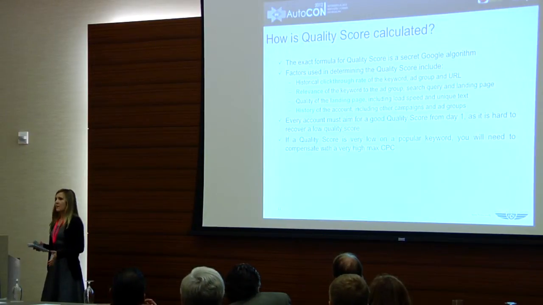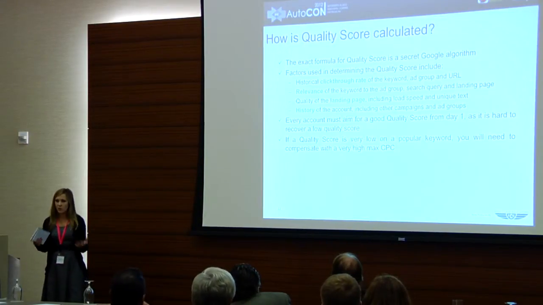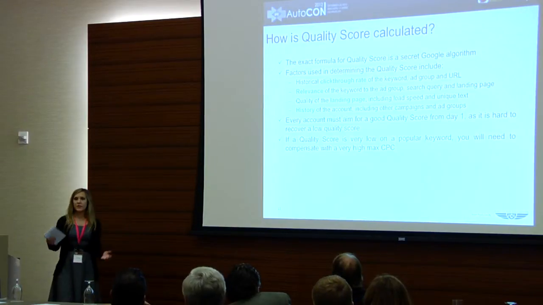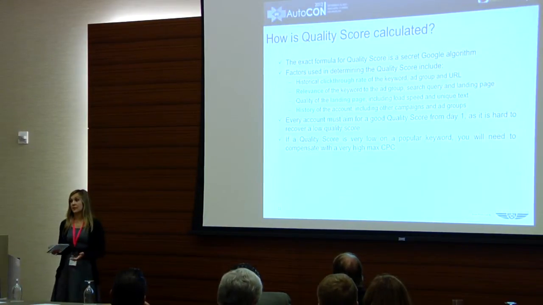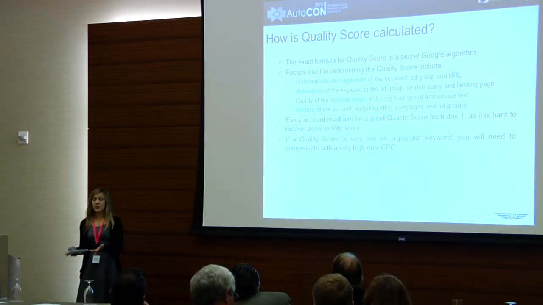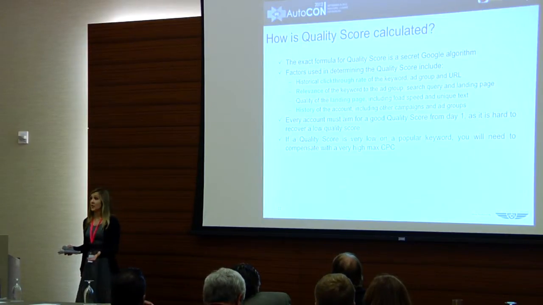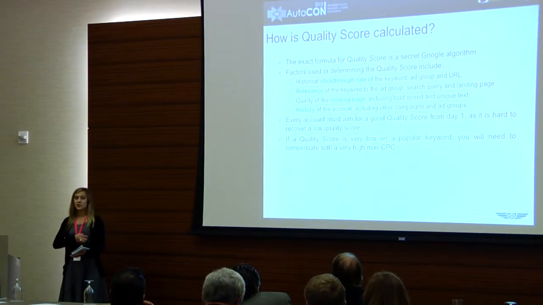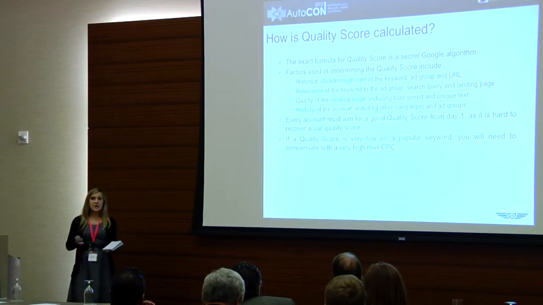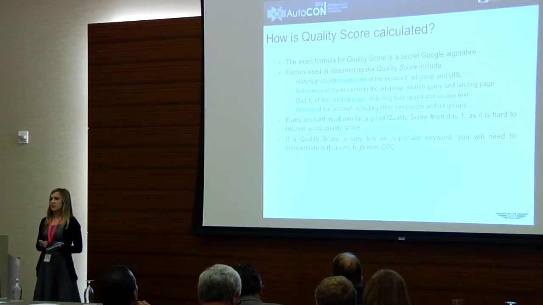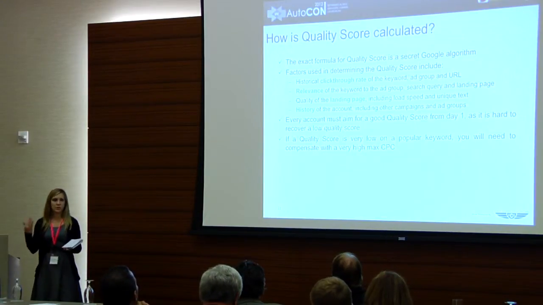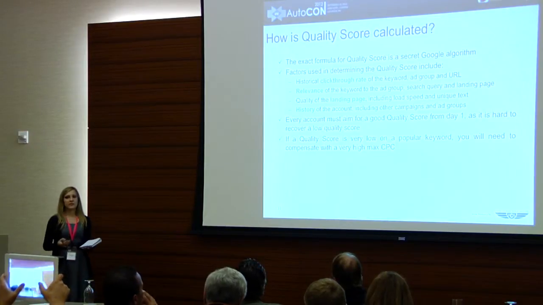But in every account I've ever seen, there will always be some 2s and 3s. Hopefully there's going to be a lot of 5s and 7s, a lot of 10s on your dealership name. Don't let somebody else bid on your dealership name. And it's just a wide array. So even if you have some bad quality scores in your account, it doesn't mean that your account is performing poorly. It's just one of the factors.